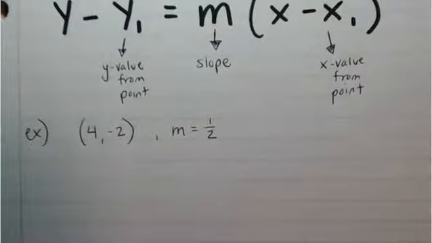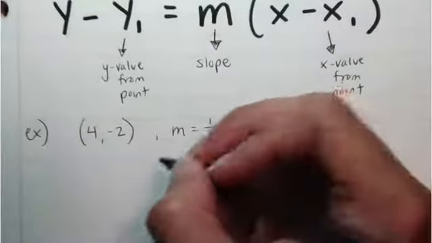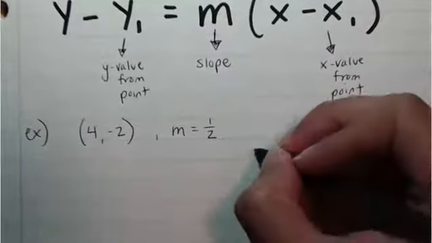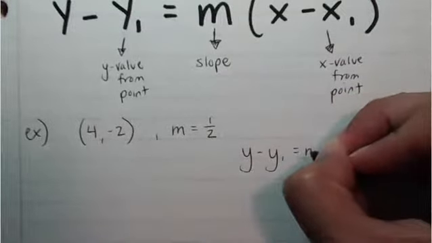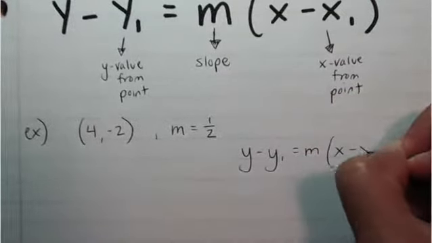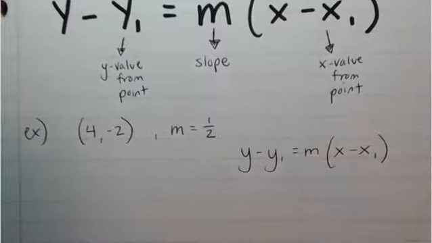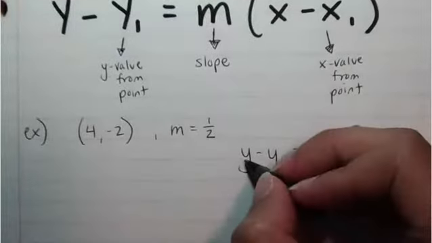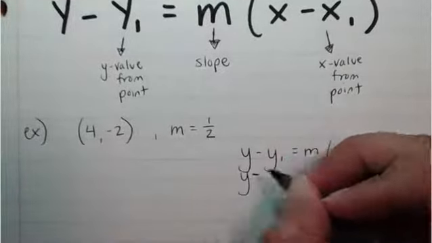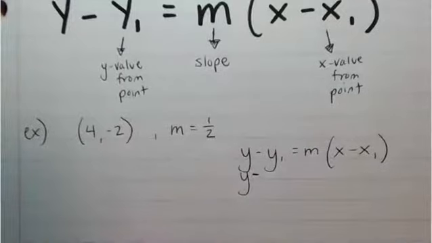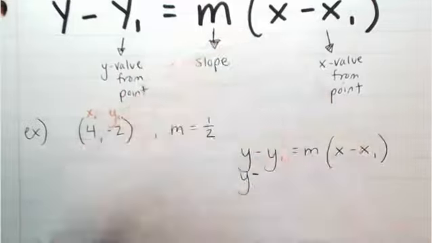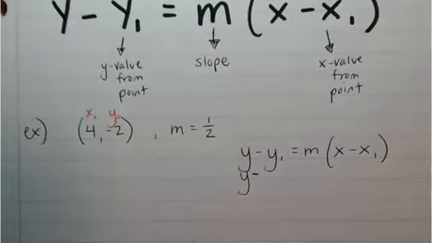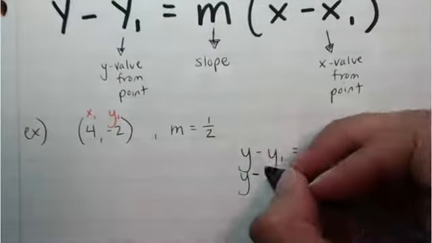Okay, so let's go ahead and plug in what we know. So I'm going to write the problem first. y minus y1 equals m times x minus x1, and I'm going to plug in what I know. So this y stays the same. y minus the y1. Remember this is my x1 and y1 because that's the point they give me. So I'm going to plug in negative 2.